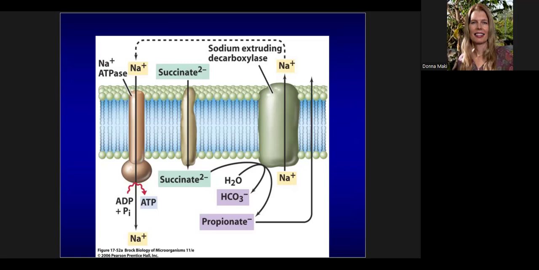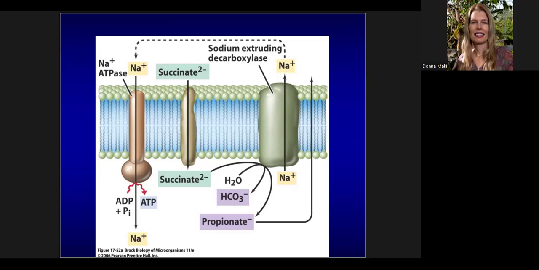Isn't that weird? Even though that little reaction isn't enough, it's enough to pump a sodium. And if you do that enough times, you get a sodium gradient, and then you can make your ATP. So it's kind of convoluted, and it takes some extra effort from the microbes' point of view.